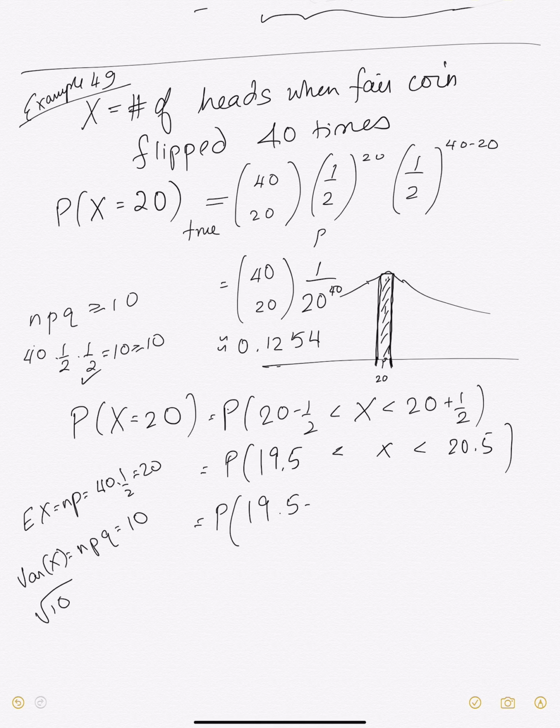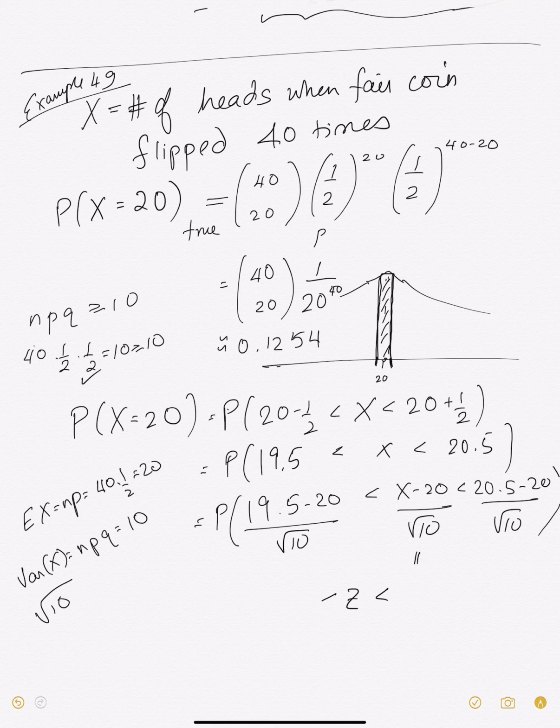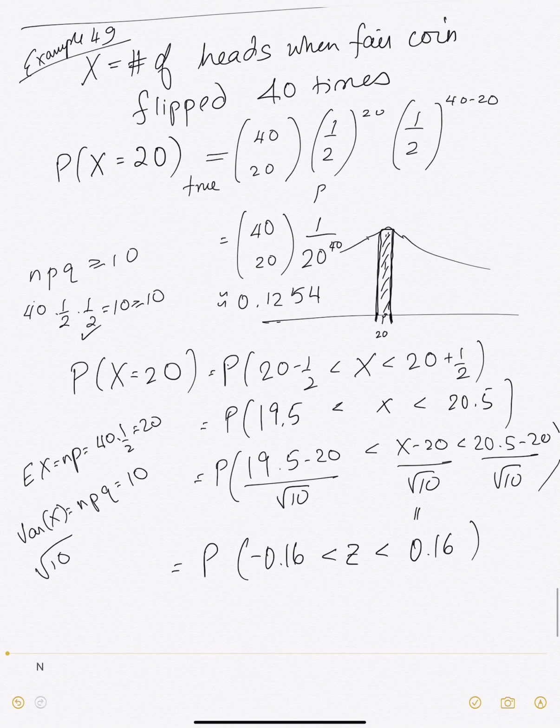And what we have is 19.5 minus 20 less than X minus 20 less than 20.5 minus 20. Divide throughout by square root 10. And this you know is Z. And these are approximately negative 0.16 and 0.16. So this is the probability you want to calculate, so you can just look up in the tables.